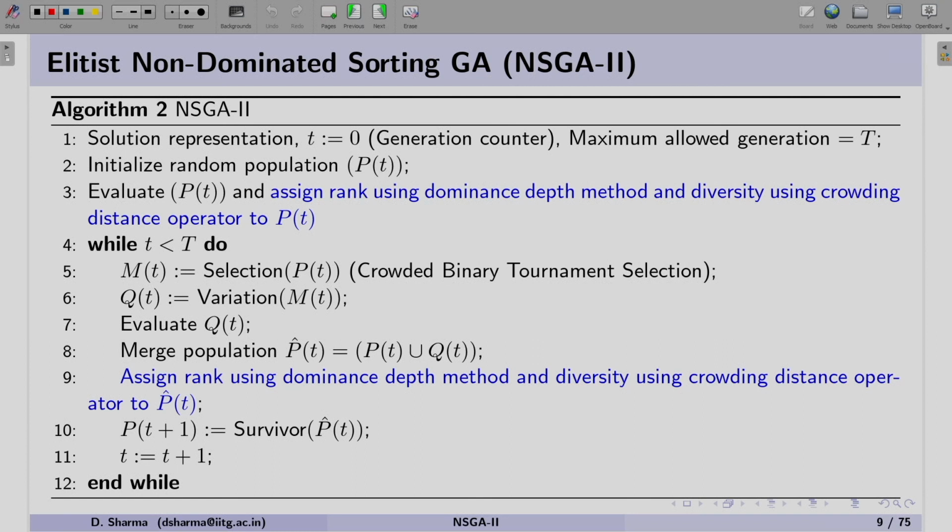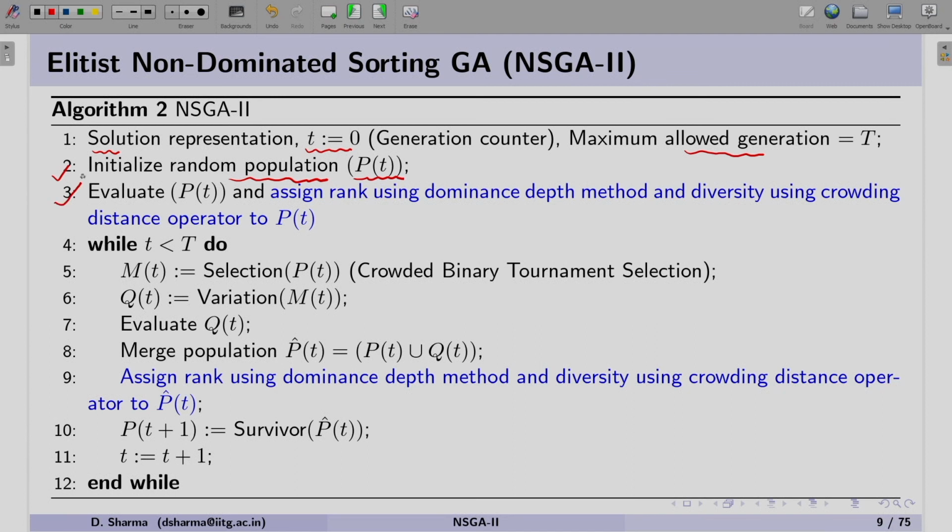Now let us see the algorithmic representation of NSGA2. We start with the solution representation, and now we have clubbed the input as t, the generation counter, and the maximum allowed generation. In step 2, we initialize the random population, which we are referring to as the parent population.